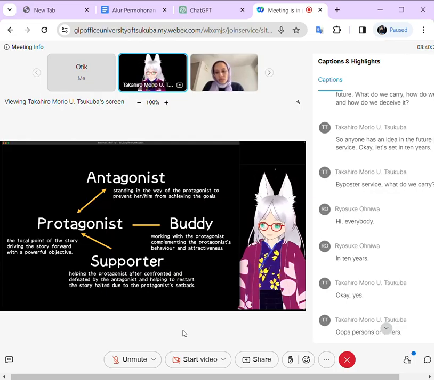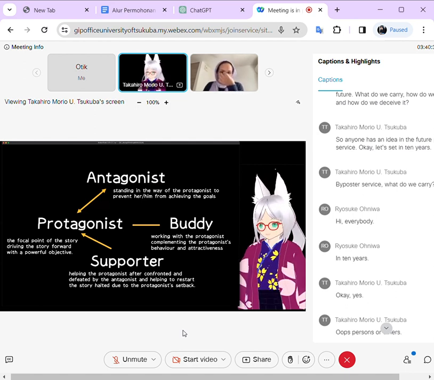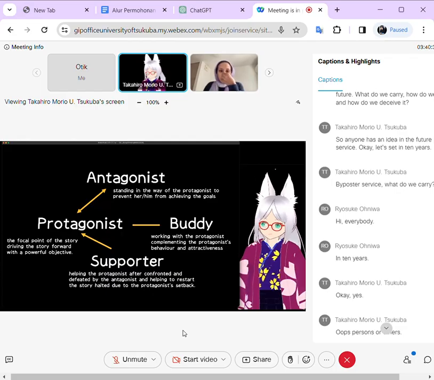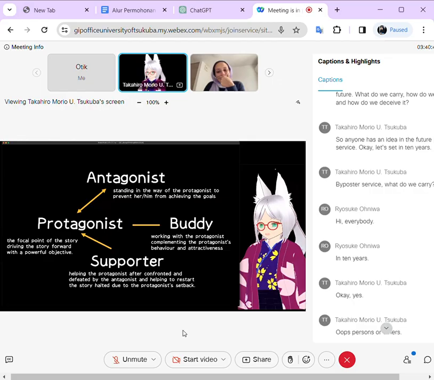And then they have trouble. In that case, the supporter will help the protagonist to solve the problem and the challenges. And then again, the protagonist will challenge the antagonist.